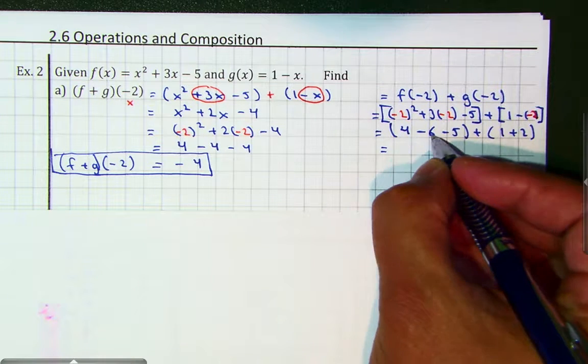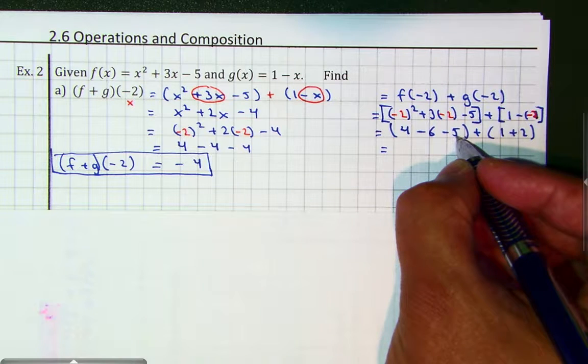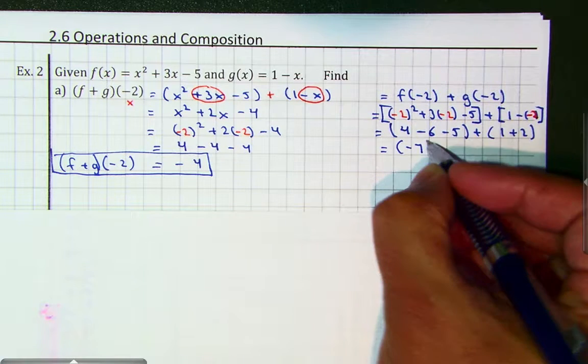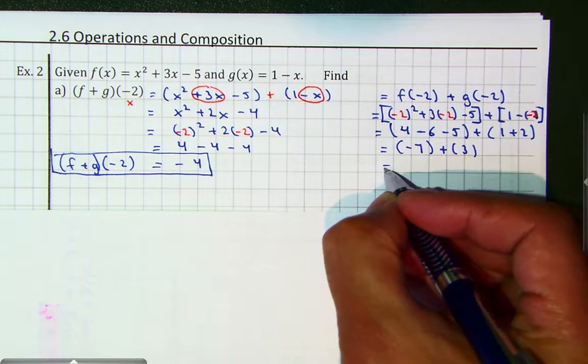That gives me -2 minus 5, which is -7, plus 3, which gives me -4.